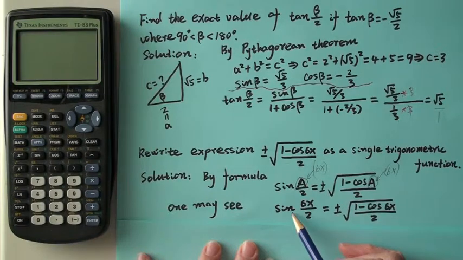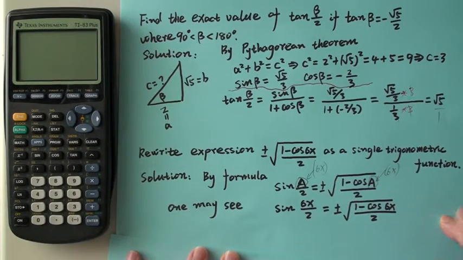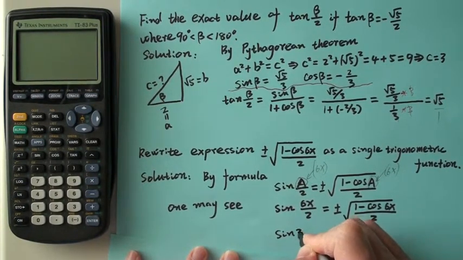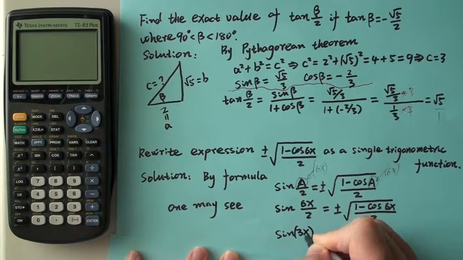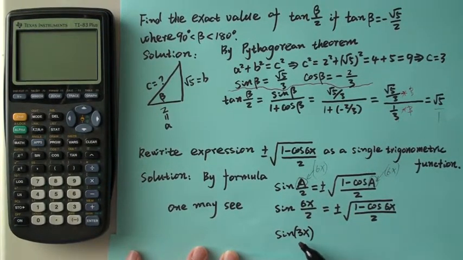So that's basically right here. You input 6x here, and you rewrite it: 1 minus cosine 6x divided by 2, and then here will be sine 6x over 2. Don't write sine 6 over 2. You have one more step to complete. This step would be sine 3x, because 6x divided by 2 is 3x.